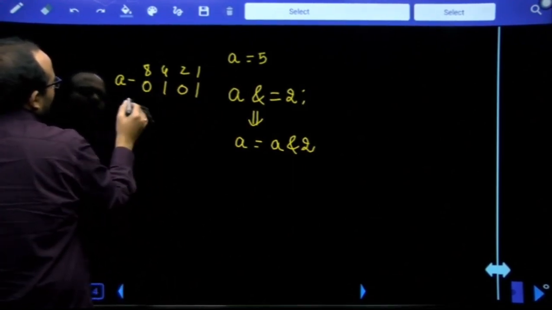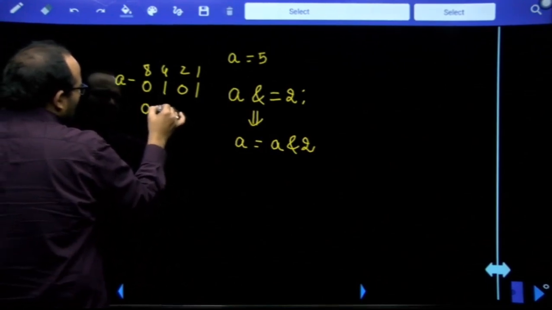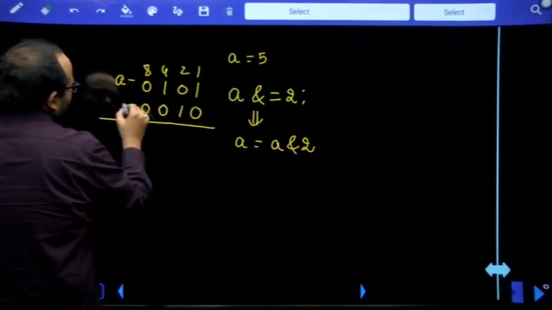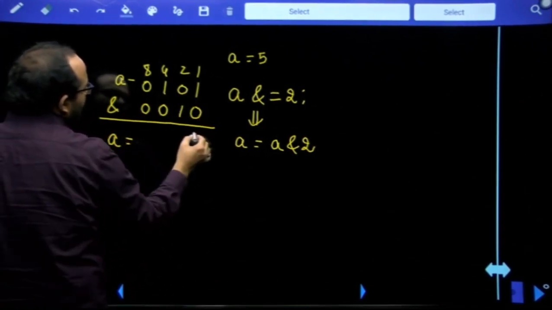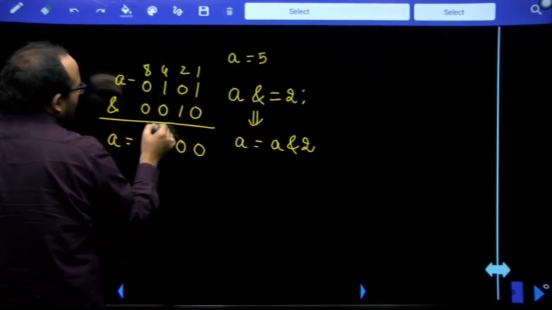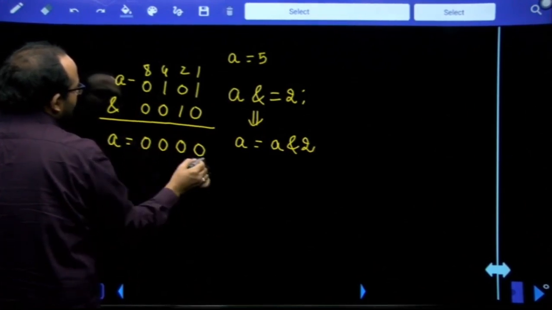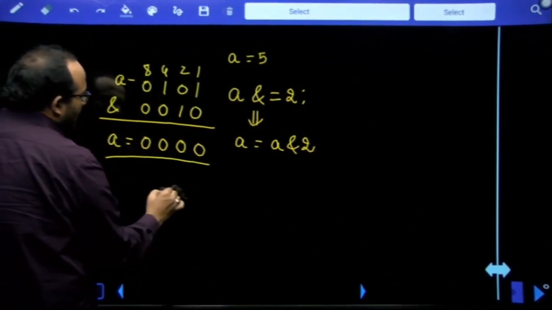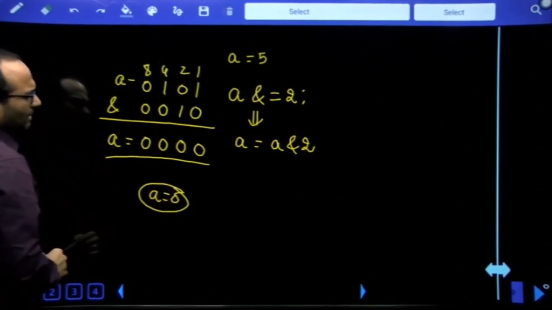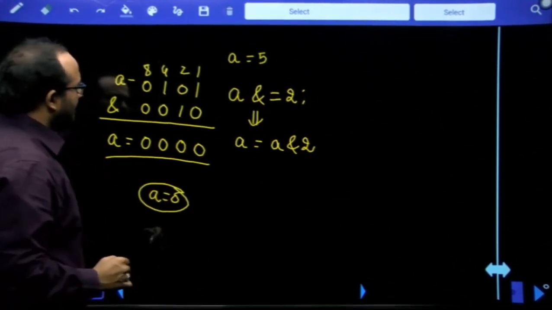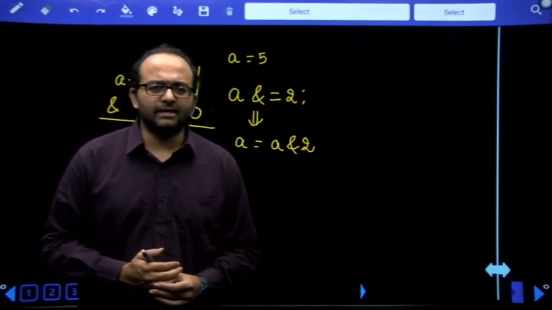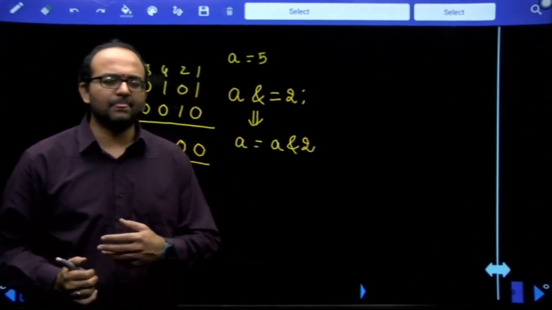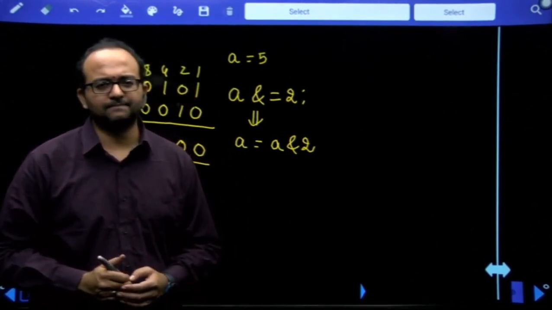Okay. And 2 can be represented as 0 0 1 0. And we are performing AND operation. So 1 and 0 will be 0, 0 and 1 will be 0, 1 and 0 will be 0, 0 and 0 will be 0. So like this, value of A will become 0 here. Okay, like this. So these are some examples of the shorthand arithmetic assignment operators and shorthand bitwise operators as well. Okay.